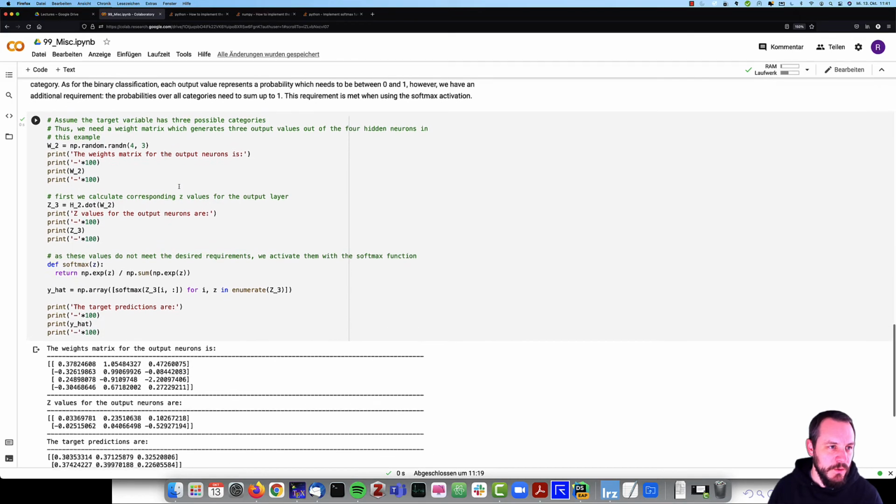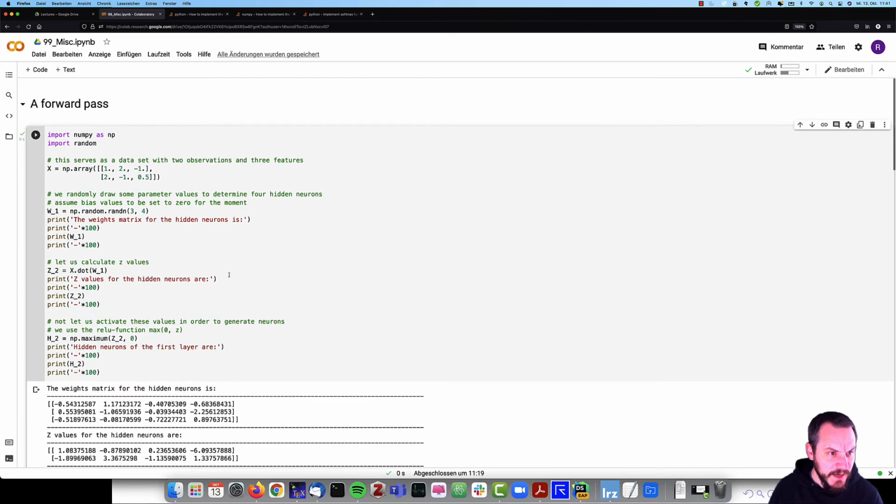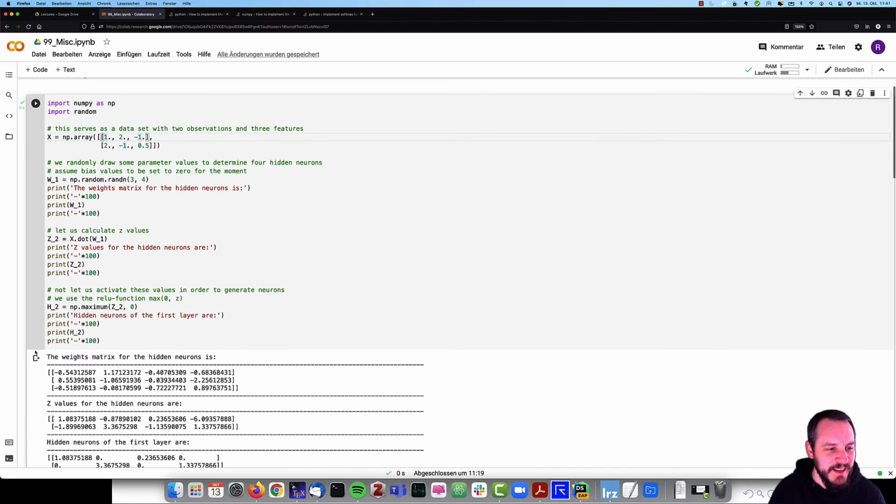So we started here, and the start here is the same. So no matter with which problem or which task we would face, we start and generate out of the input information, which are now here again 2 observations and 3 realizations for each feature variable, the hidden neurons.